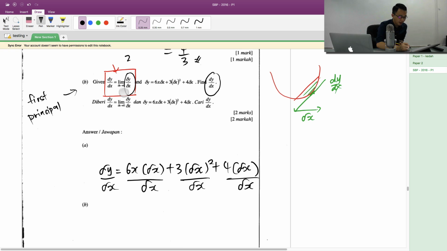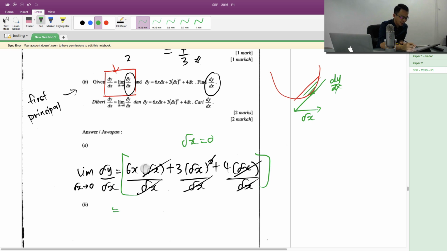After I do this, I will simplify. Then the next thing I will do is limit the change of x to very close to 0. That means whatever change of x I see, I will change it into 0.